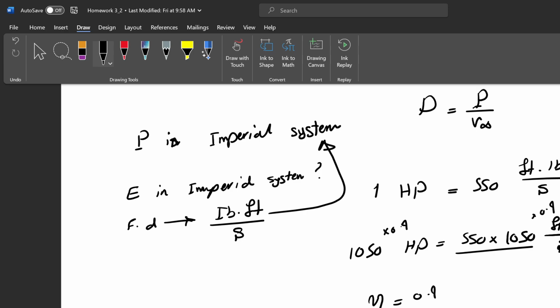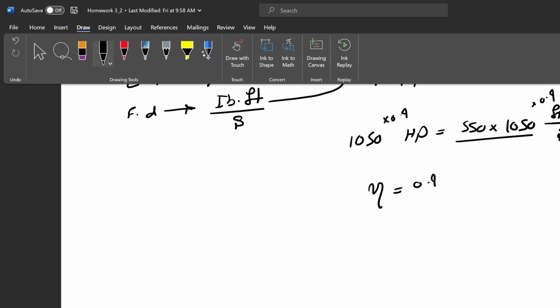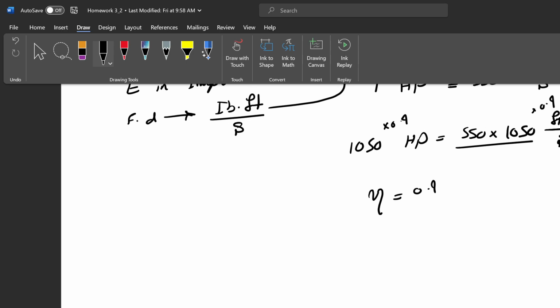And that will give me a drag. This is going to give us power, and then we have to divide it by velocity, which is 530 feet per second, right?